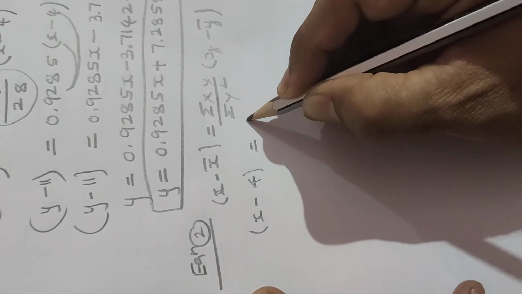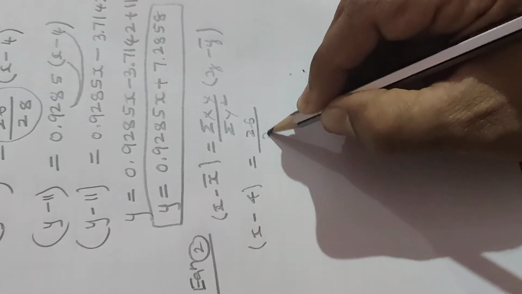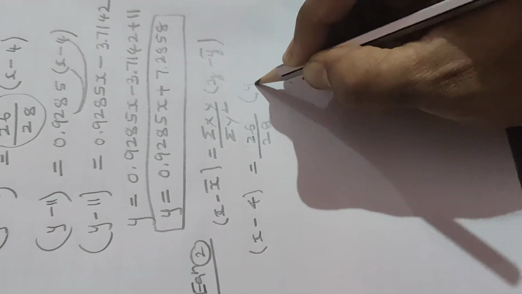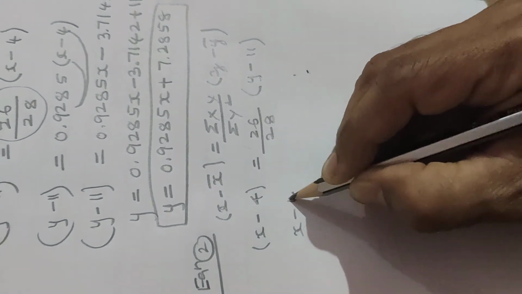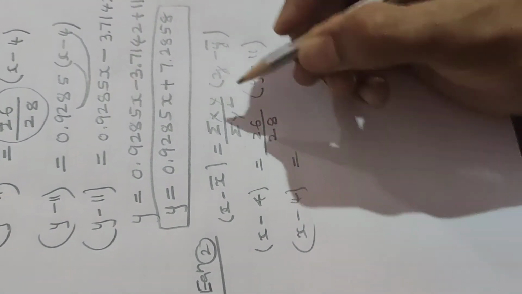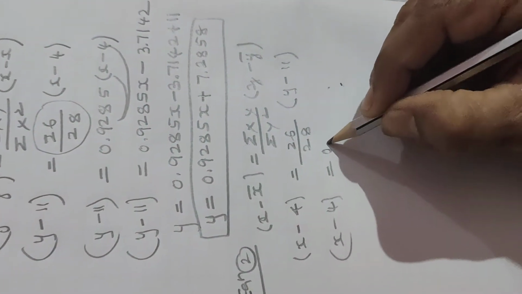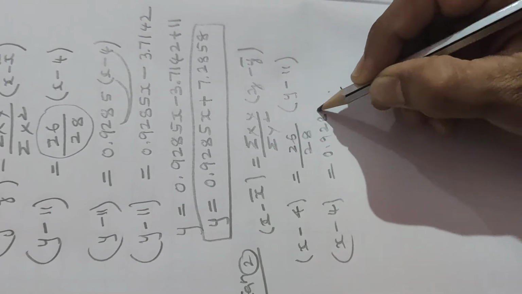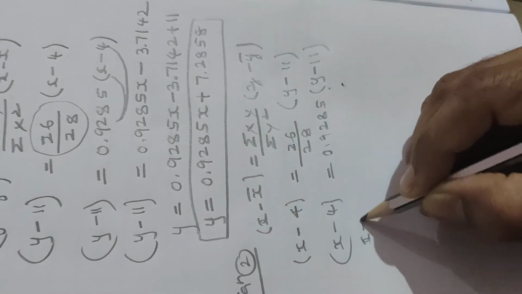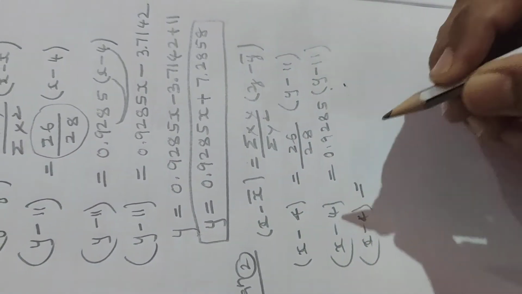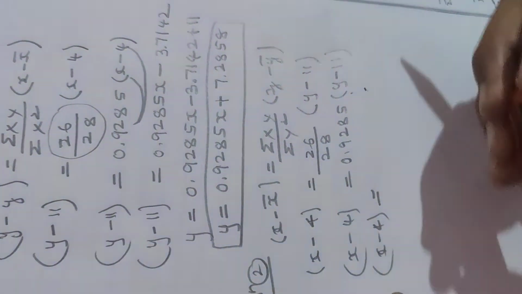So sum of xy is same, 26 by 28. Y bar is 11. So x minus 4 is equal to 26 by 28, already we have done it, that is 0.9285 into y minus 11. That you can do using your calculator.